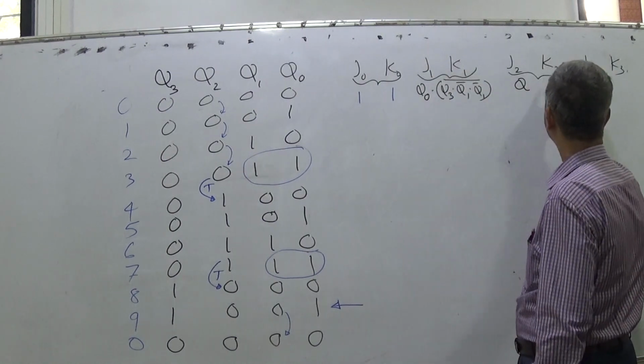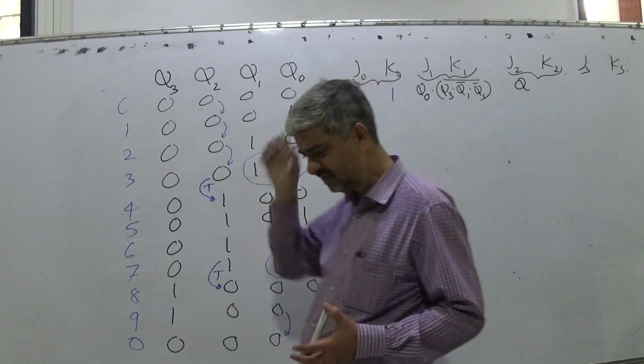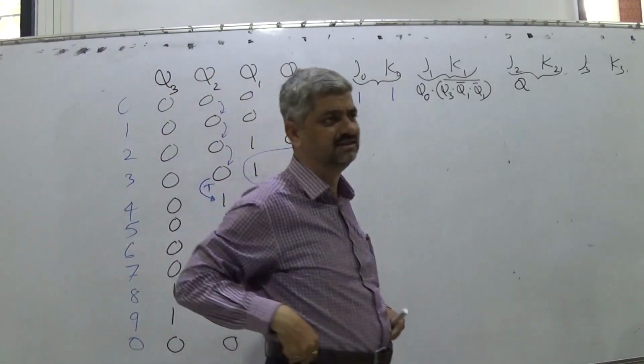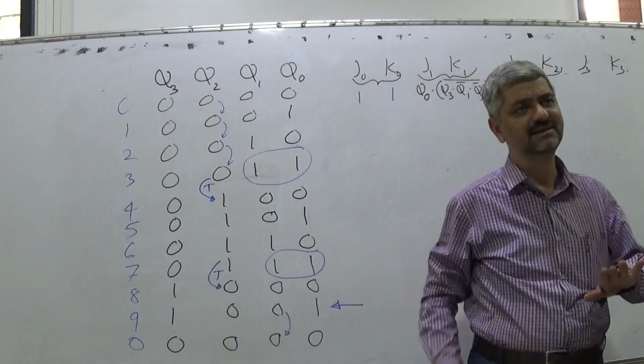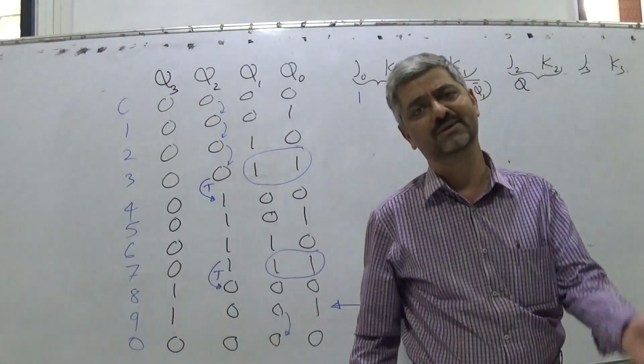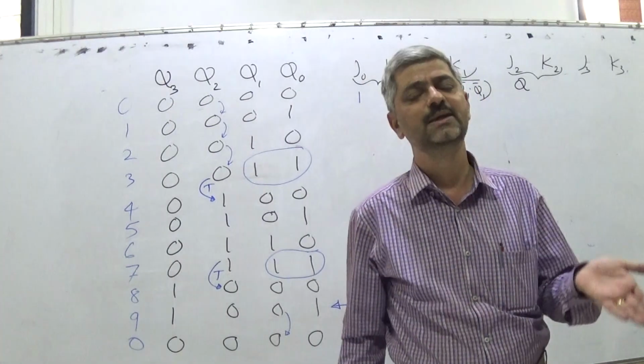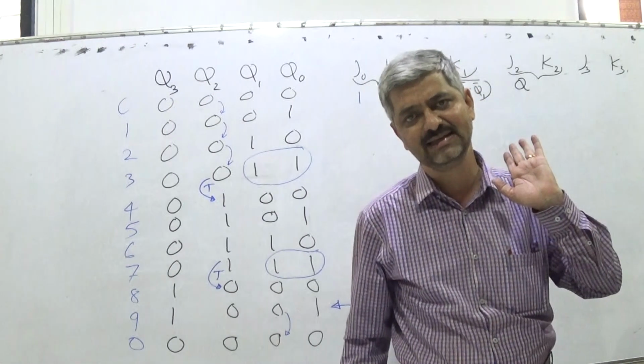See, in a counter, since the output depends on the last state, either it will maintain or it will toggle. If you want it to toggle, you make J and K as 1. If you want to maintain, you make J and K as 0.